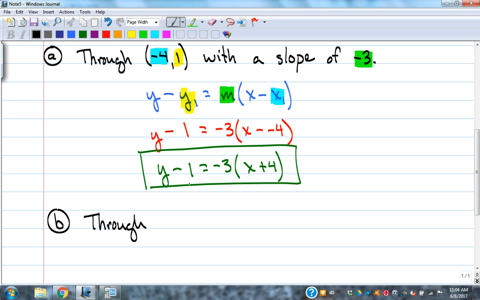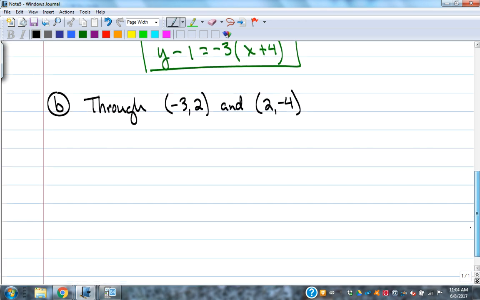Gets a little bit more difficult when they do this. They say, okay, write the equation of the line in point slope form that goes through (-3, 2) and (2, -4). What did they not give us? A slope. And if they don't give us a slope, point slope form is hard to do because we don't have a slope.